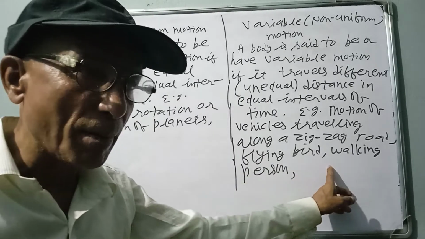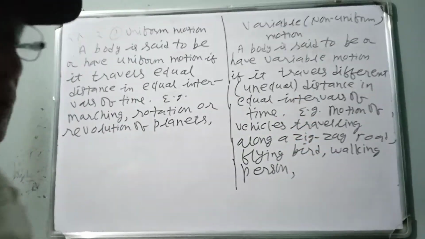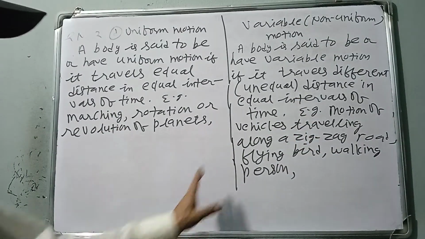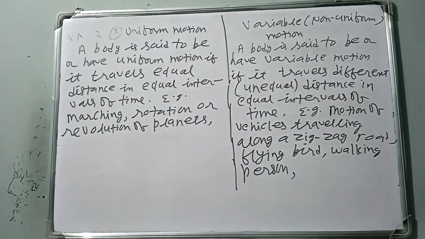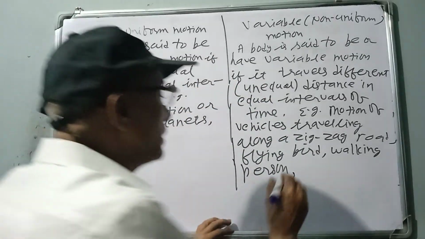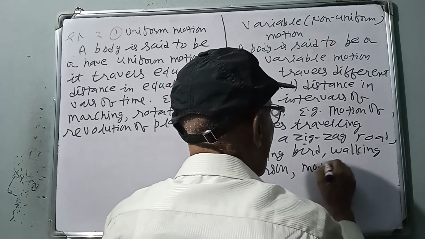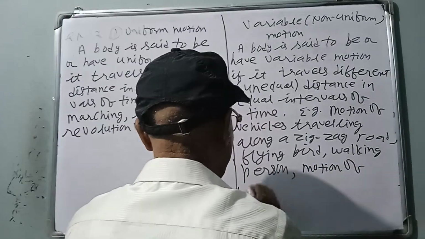They don't travel equal distance in equal intervals of time. They are some of the examples, and motion of insects.